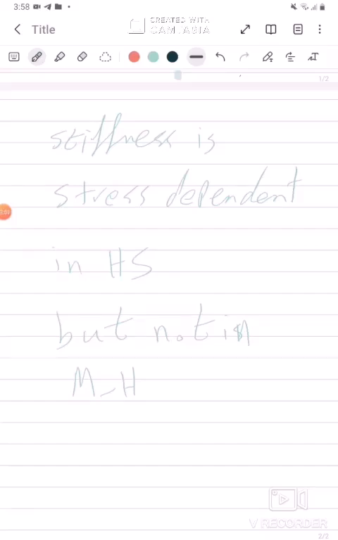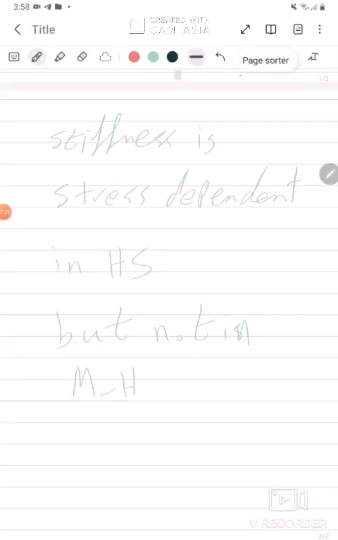Another main difference between the HS model and the Mohr-Coulomb model is that in isotropic stress condition, when we increase the stress, we don't have any failure in the Mohr-Coulomb constitutive model, and this is not compatible with reality.